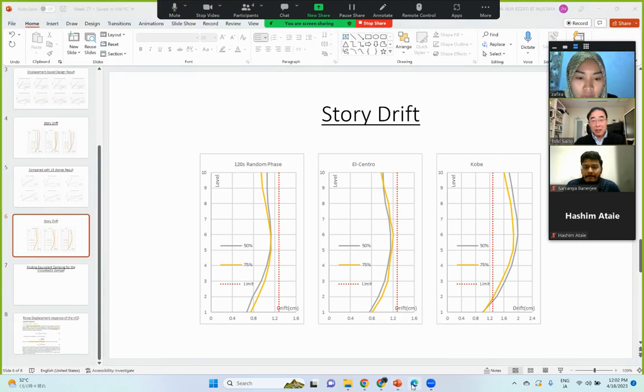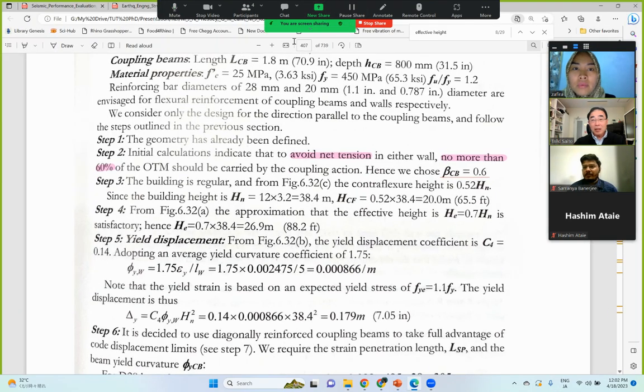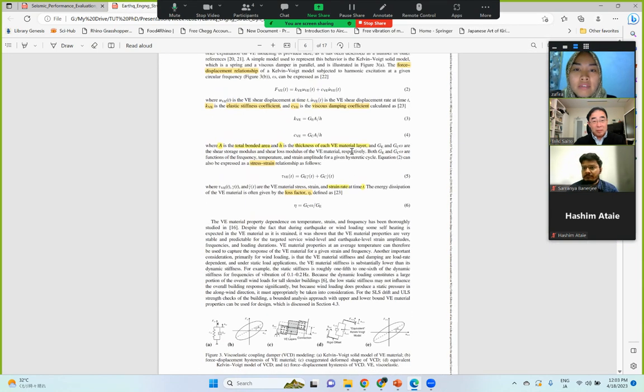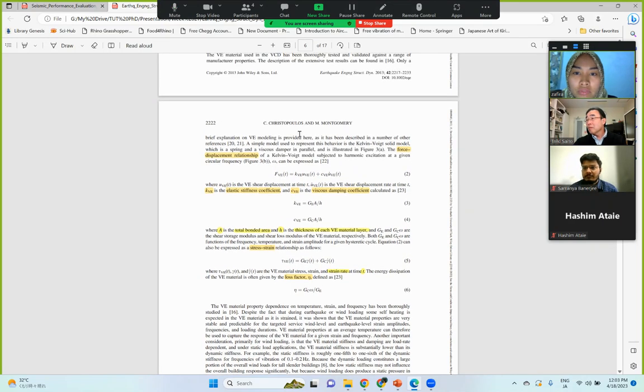Okay, can you see my screen, Sensei? From the papers that I gave, I found a few that have equations related to how to calculate the effective damping of the viscoelastic damper. This one is from Christopoulos. I am still studying this paper.